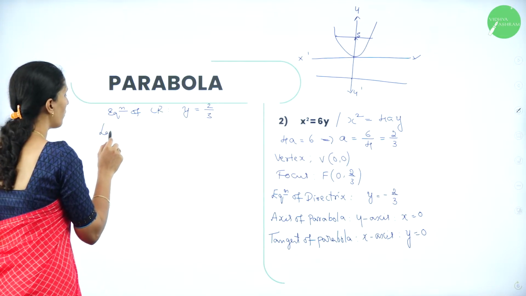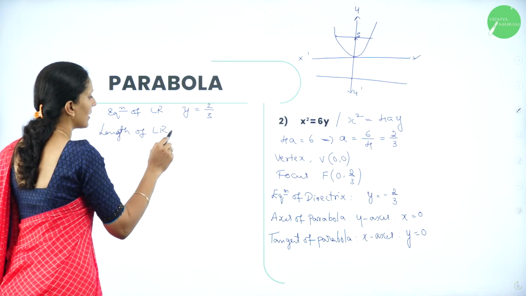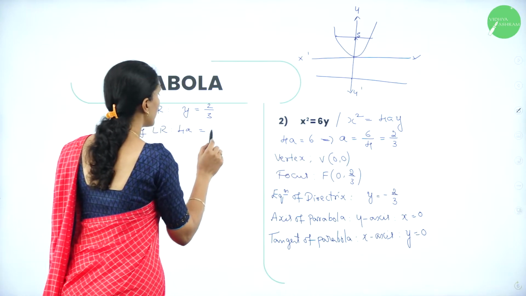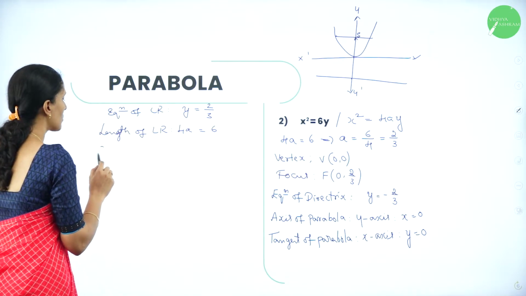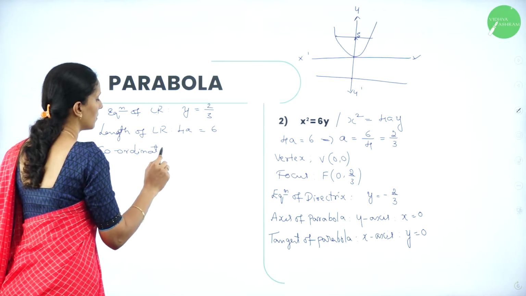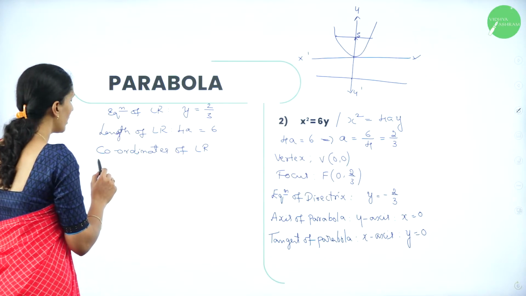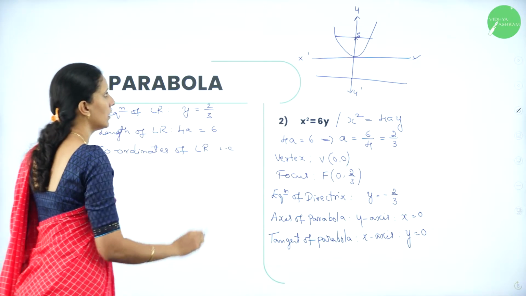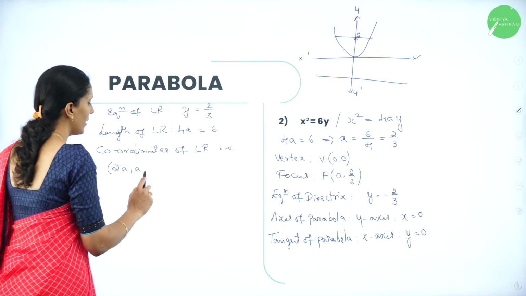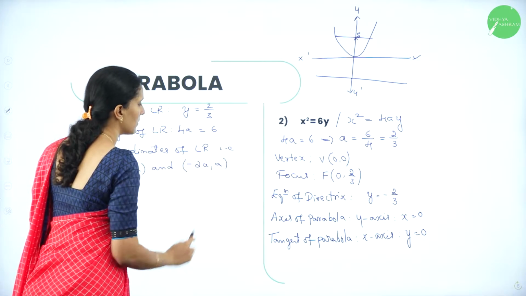Next, length of latus rectum. Length of latus rectum is 4a, which is equal to, here 4a is equal to 6. Next, coordinates of latus rectum. So how can we write the coordinates of latus rectum? Here it is (2a, a) and (minus 2a, a).